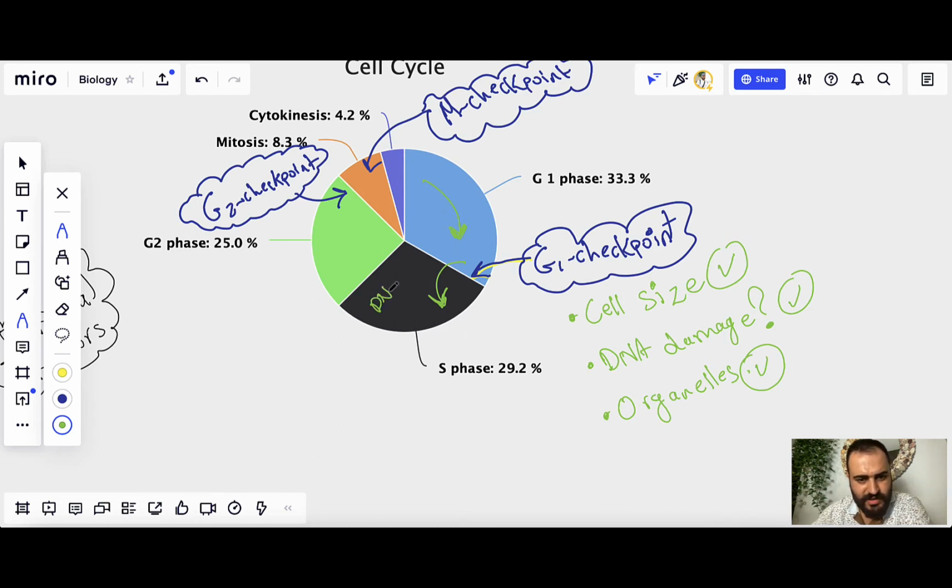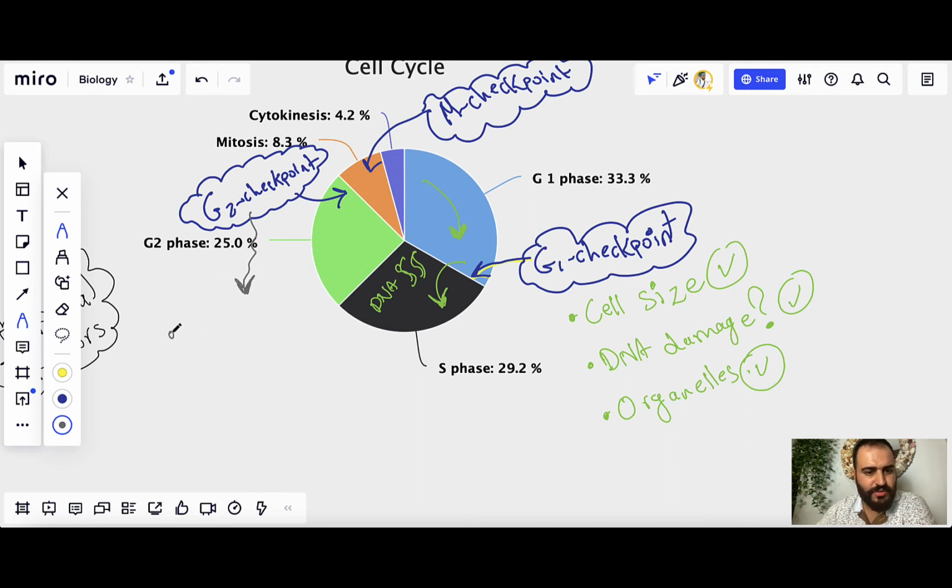During S phase, DNA is replicated. And after DNA is replicated, the cell moves into G2, where it undergoes further growth. And here we have the most important checkpoint, which is G2 checkpoint.